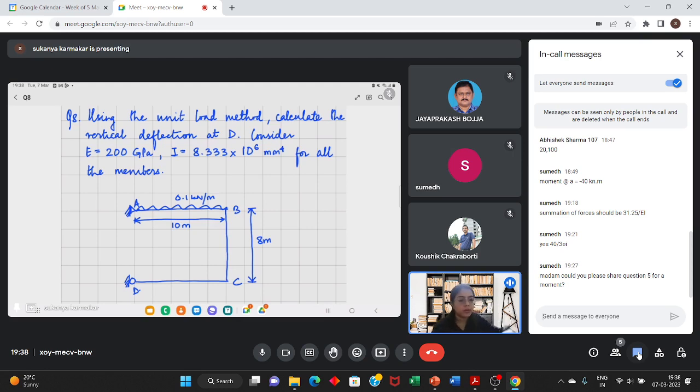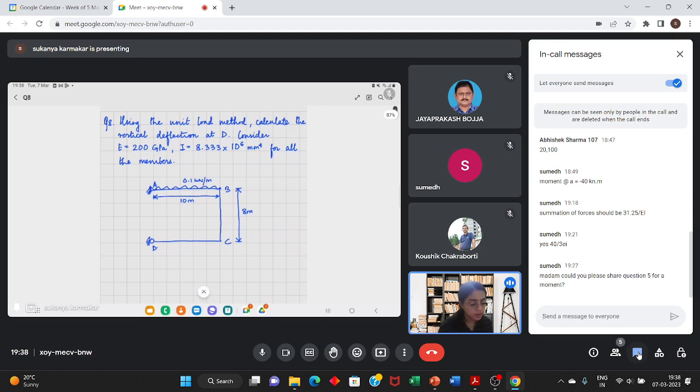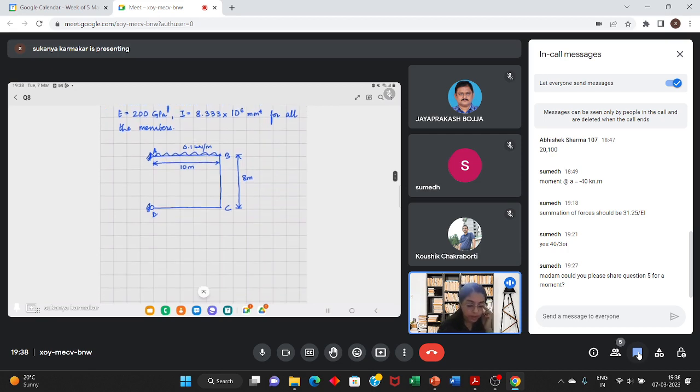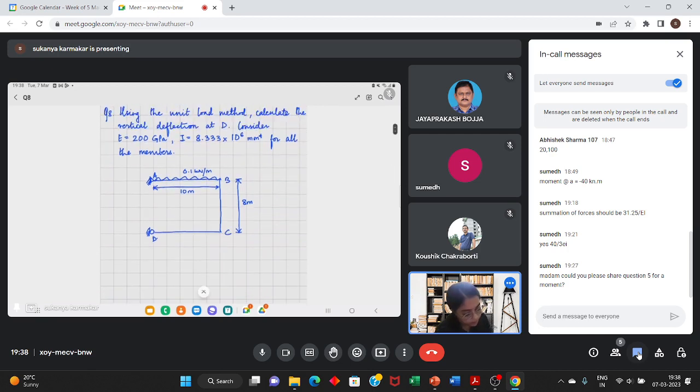Okay. Now moving on to the next question. This is again on unit load method. You will have to calculate the vertical deflection at D. So for that, again, you will have to write the moment equation for all the members. So for that, first I'll calculate the support reactions.